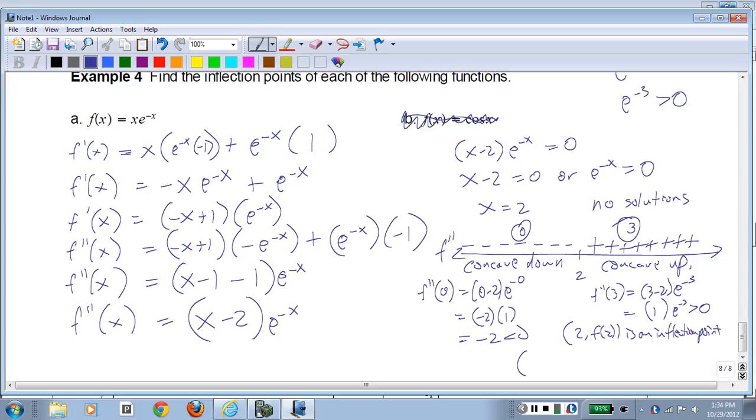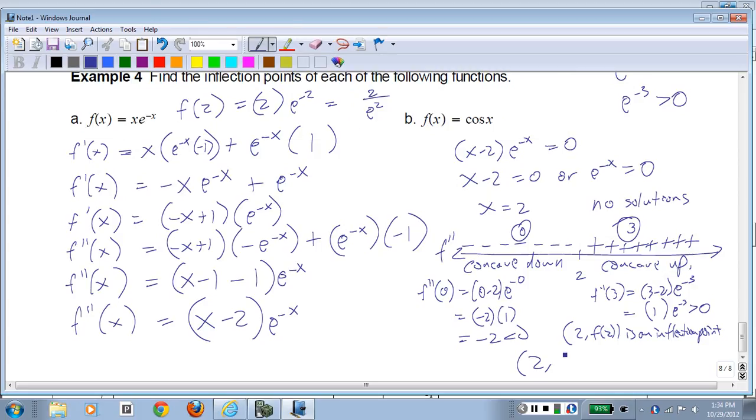And what is that? Go back to the original. f of 2 equals 2 times e to the negative 2, 2 over e squared. I want to put a box around it. But 2 over e squared is what I need.